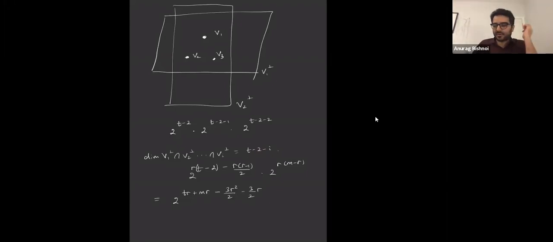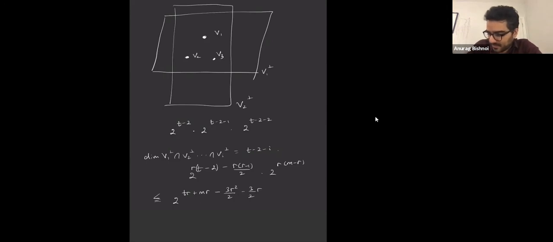So this is the number of choices we have for independent sets of rank R. It's an estimate, an upper bound. Okay, and now we can just sum up over all values of R as well.